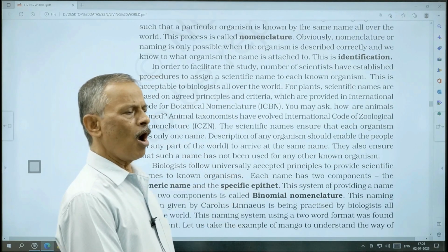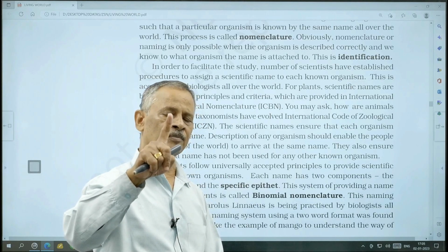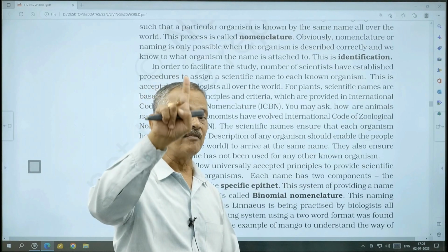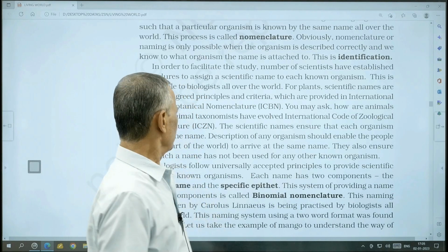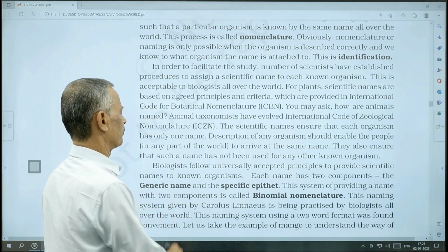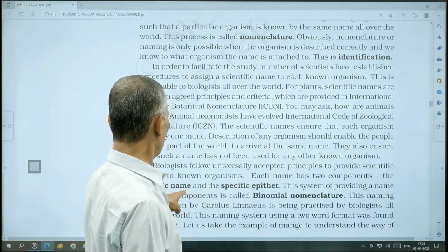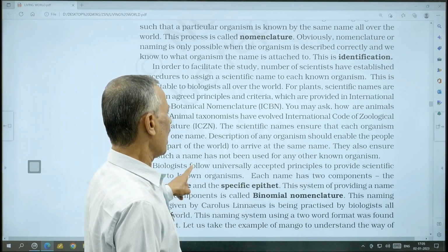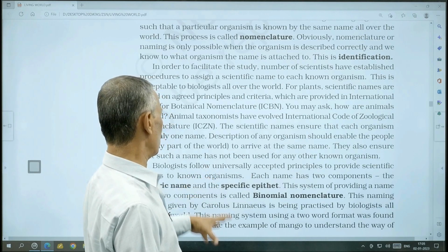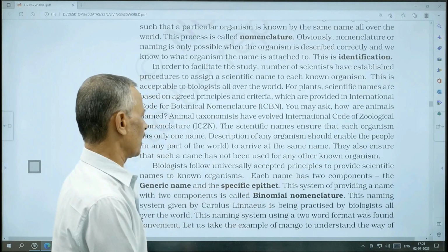Accordingly, all living things are known by the same name, called their biological name or scientific name, which is having two words. The first word is the generic name. So each name is having two components. One is the generic name, and generic name is the name of the genus to which it is belonging, and the second word is the specific epithet.